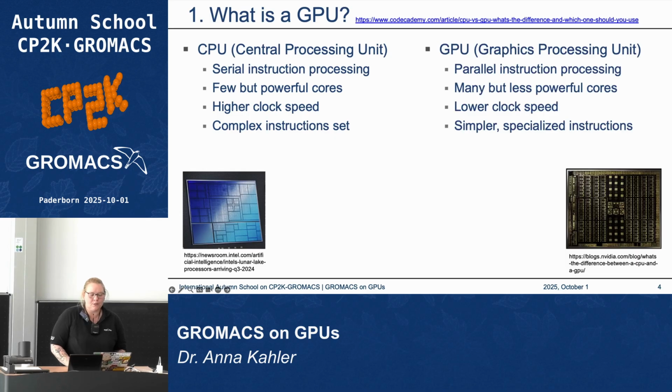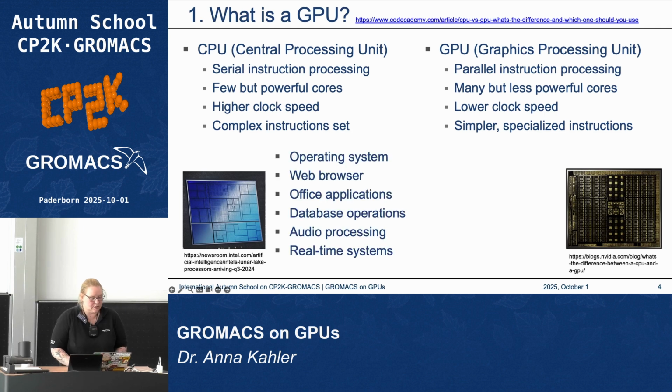Compared to the GPU, it has many cores, but less powerful cores. The clock speed, clock frequency is lower than on the CPU, and it uses simpler and specialized instructions. So not everything can efficiently be calculated on a GPU.